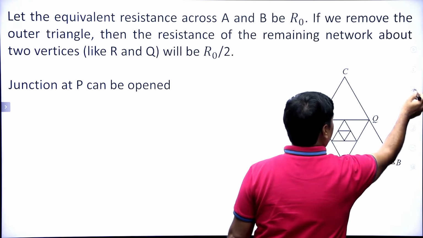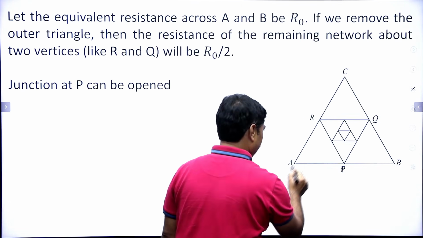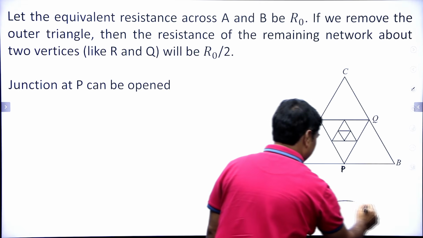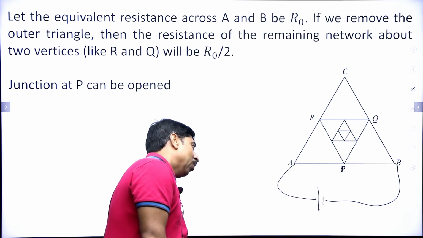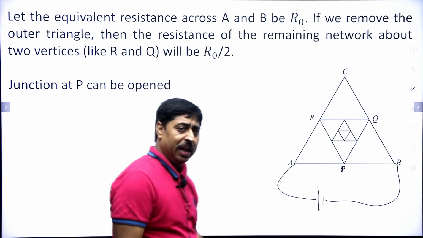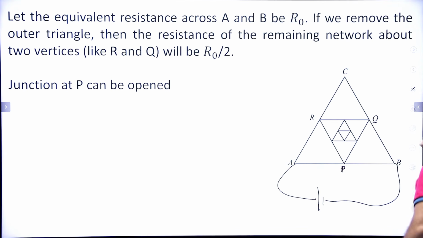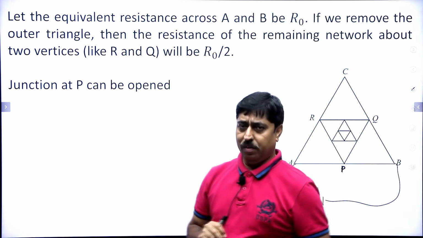Suppose again assume that we connect a battery across A and B, right. Now, this circuit is basically symmetrical whether you look at it from this side A or you look at it from this side B, it appears exactly identical.